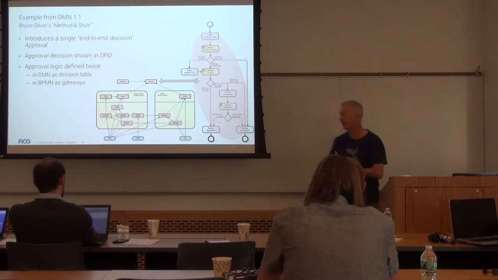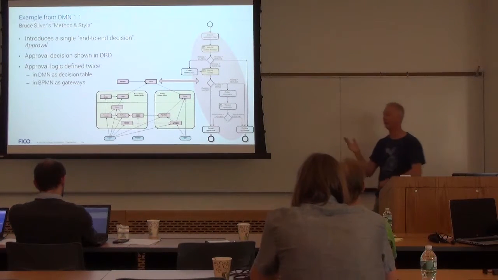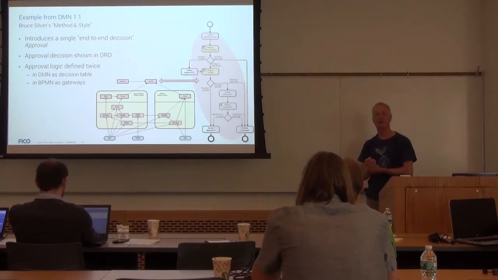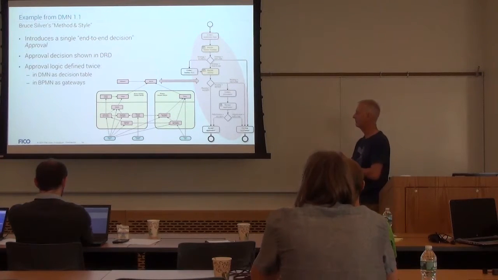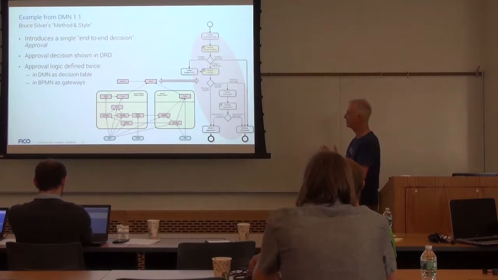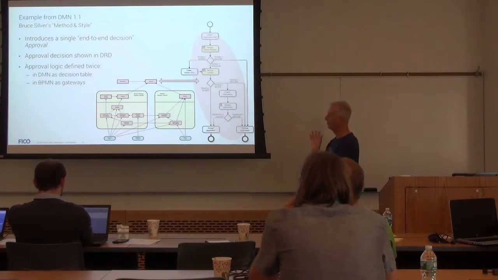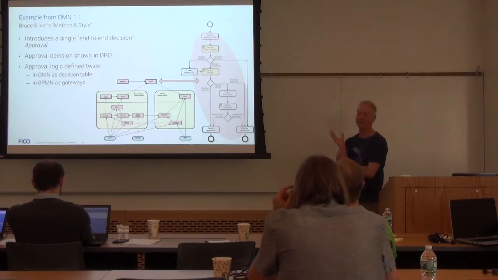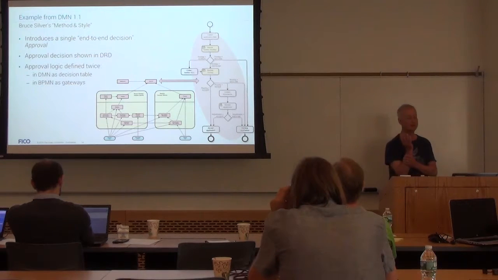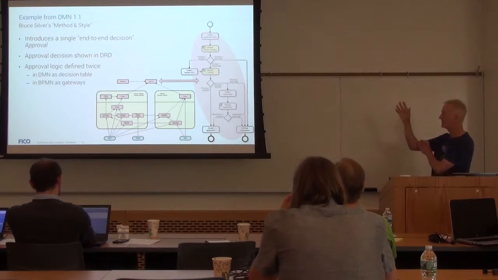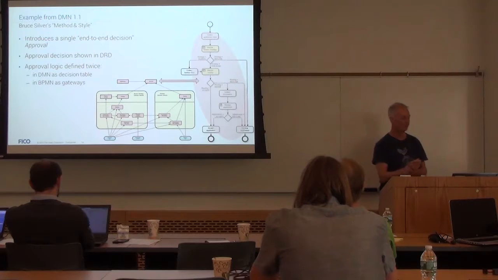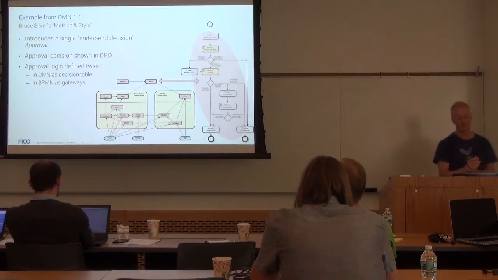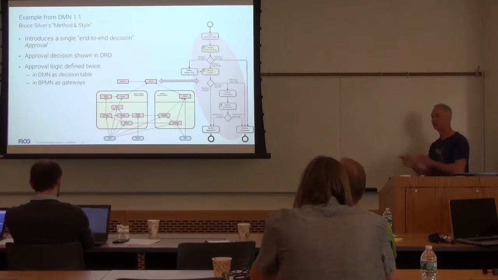And actually that helps you show rather more clearly in BPMN all the possible tricky cases that might go through the process and how that happens. You'll notice that in this approach, the approval logic is actually defined twice. It's defined in the process as the logic of the gateways, and it's defined in our decision table on the approval decision, which is interesting. It means you can cross-validate, for example.